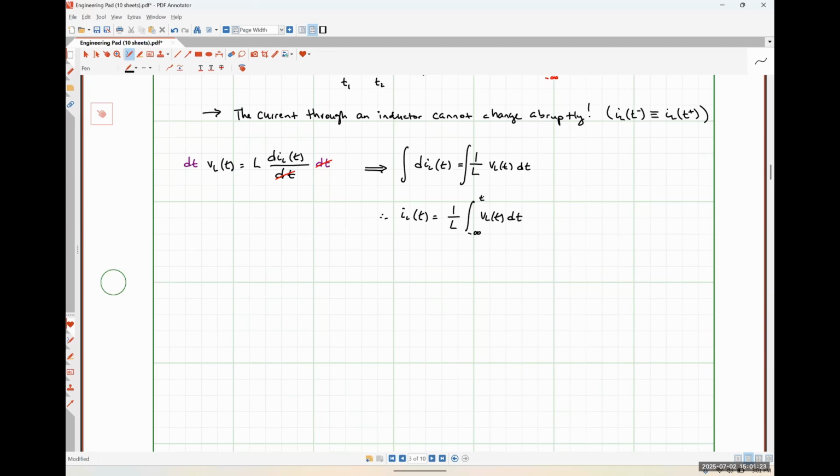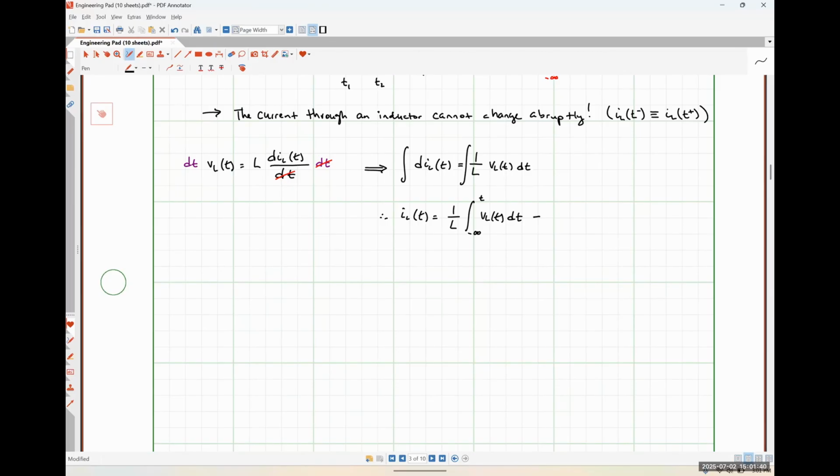While this is correct, it's kind of unwieldy because essentially we have to know what the inductor was doing in the past in order to make this work.